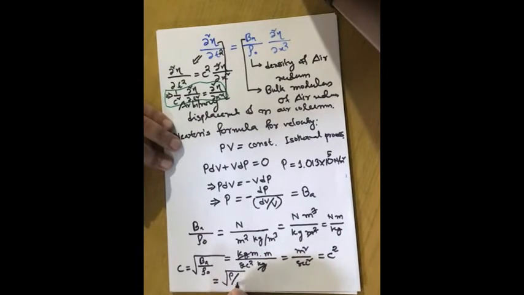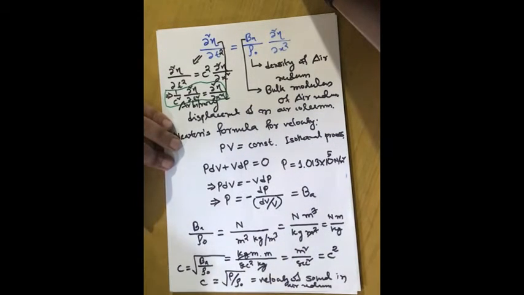Therefore c = square root of P divided by ρ0. This is the velocity of sound. Sound is a longitudinal wave, isn't it? The velocity of sound in air medium. This is known as Newton's formula for velocity of sound in air medium.